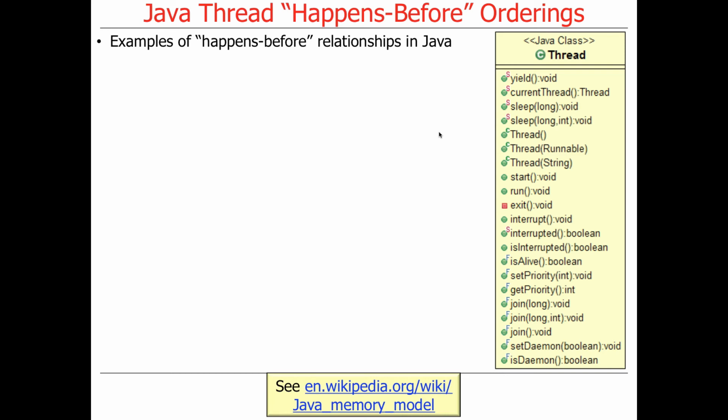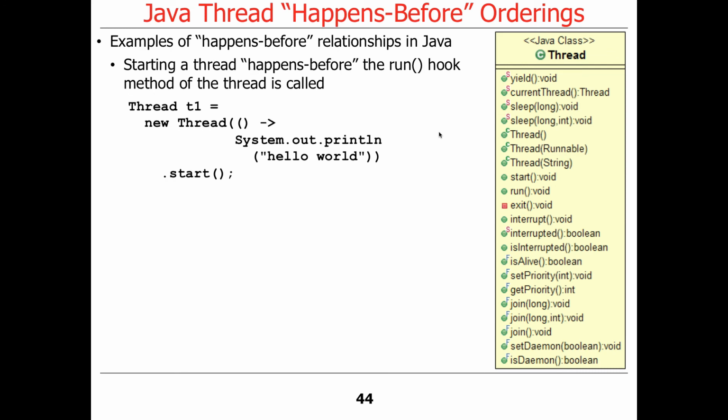So here are some examples of happens-before relationships in Java. If you start a thread, and this goes back to Duncan's question from a few minutes ago, then the thread initialization, all the things you've got to do to get that thread up and running, happens before the run hook method of the thread is called, which makes sense, right?